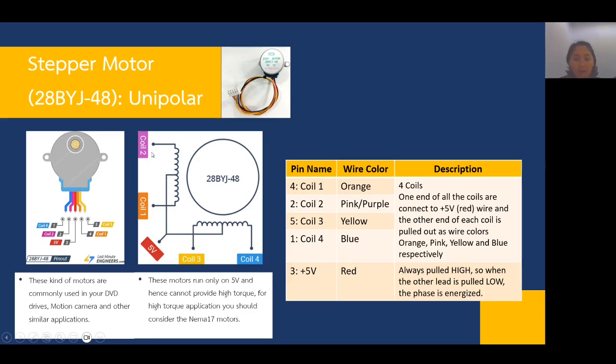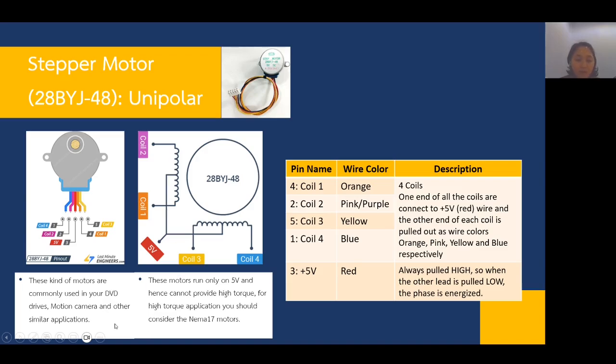And the other end of each coil, this one coil 2, coil 1, coil 3, and coil 4, is put out as wire colors orange, pink, yellow, and blue respectively. And then the pin 5 volt is always pulled high. So when the other lead is pulled low, the phase is energized.